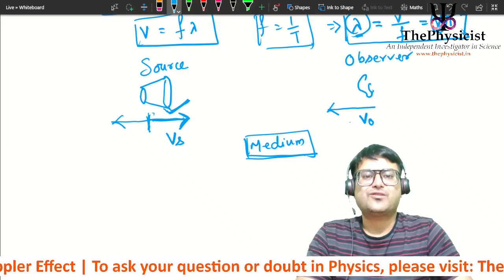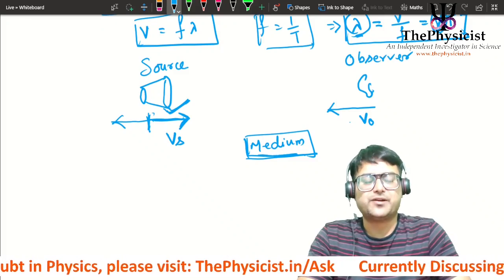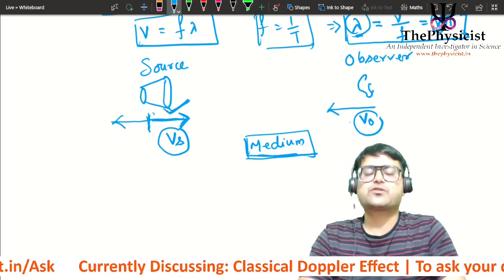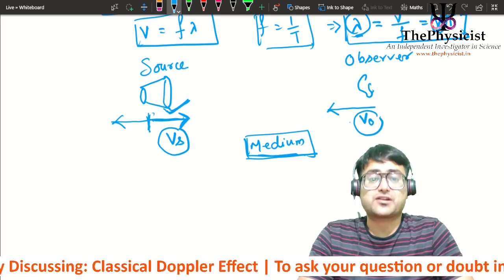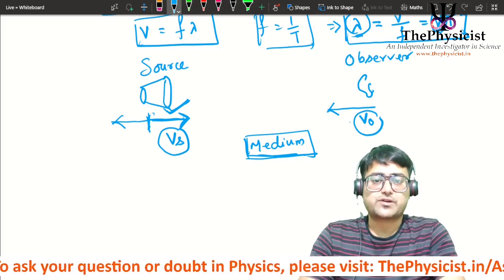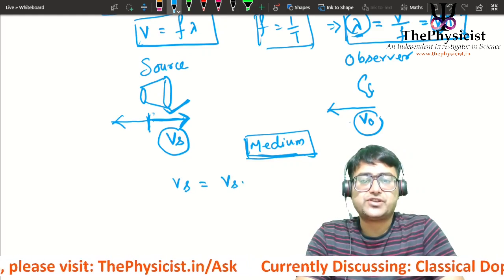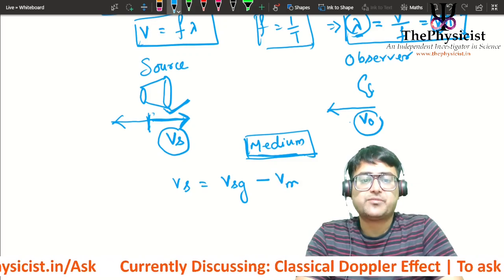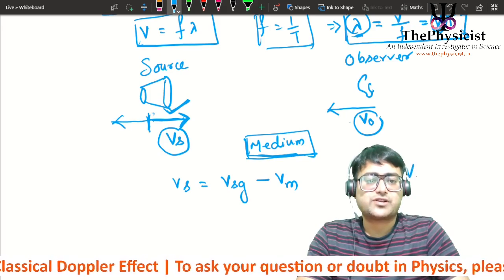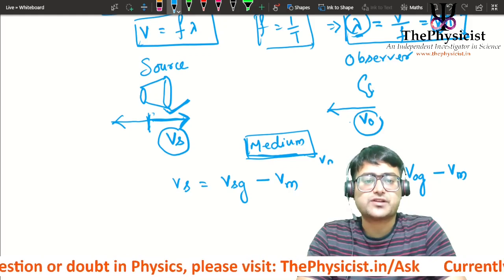Now, for the medium, we don't have to assign a speed, because whatever the speed of the medium, we have to find the values of Vs and Vo with respect to the medium. If the medium has a certain speed with respect to the ground, and the source is moving with a speed with respect to the ground, then Vs will be basically Vsg minus the velocity of the medium, and the velocity of the observer is the velocity of the observer with respect to ground minus the velocity of the medium, if the medium velocity is given.